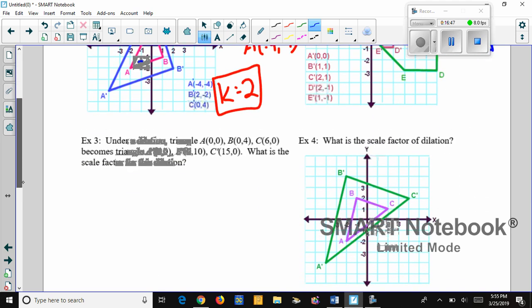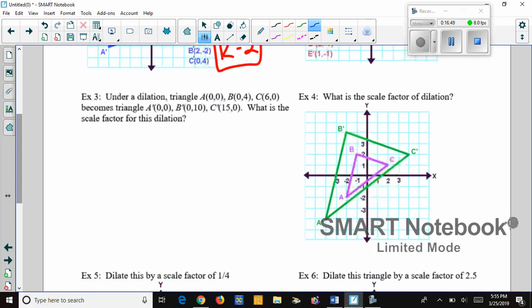Let's take a look at number 3. Under a dilation, triangle ABC becomes triangle A prime, B prime, C prime. What is the scale factor? So here's what I'm trying to figure out, is if I have my original ordered pairs, and I multiply them by K, how do I get my new coordinates?